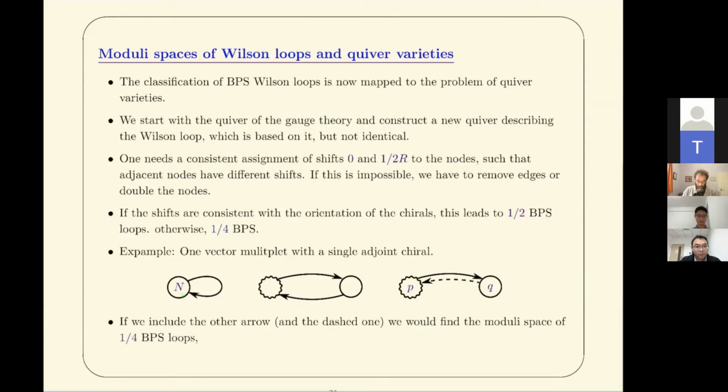So I take two copies of this gauge field, one with a shift and one without a shift, and now my adjoint behaves as if it's a fundamental. And then I can say, take this one, couple only to this one, and I can get a 1/2 BPS Wilson loop in this theory, which was previously not described in this work.